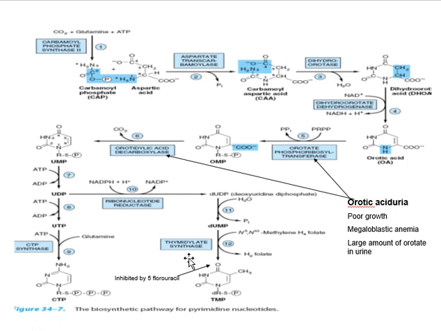So in this way, the pyrimidine nucleotides UMP, CTP, TMP are synthesized from carbon dioxide, glutamine and aspartic acid, and orotic acid is an important intermediate in this pathway.